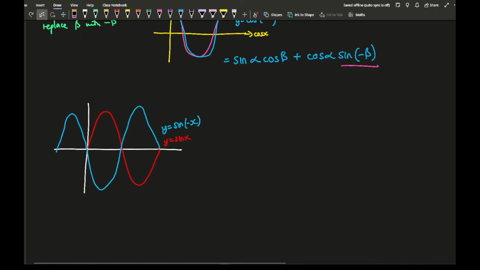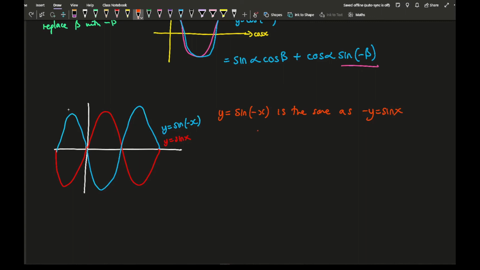Like so. So from this, what we can then establish is that I can write y equals sine of minus x is the same as minus y equals sine x, because obviously we're just reflecting it on the x-axis, which is going to be exactly the same.